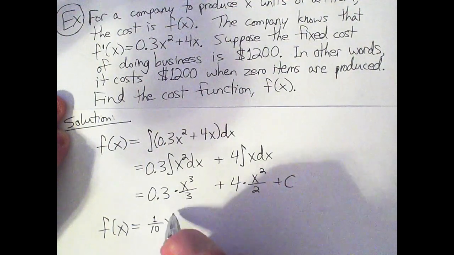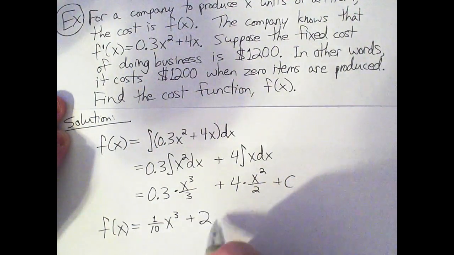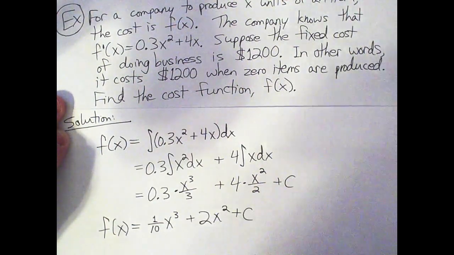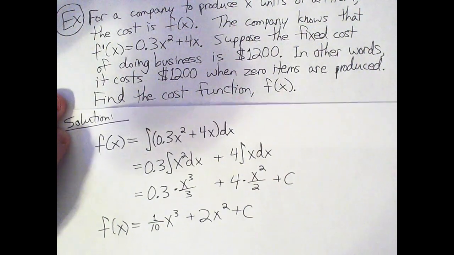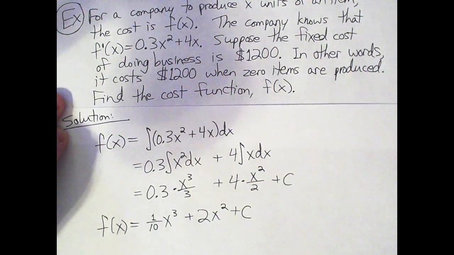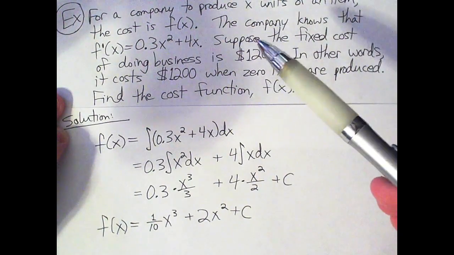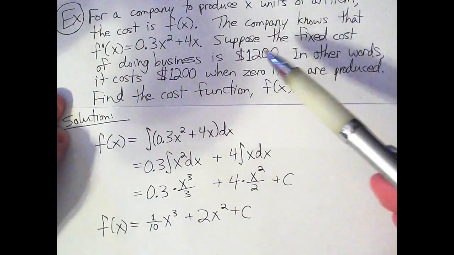So 1/10 x to the third plus 2x squared plus c. We're not finished yet, but we're most of the way finished. So I think I have to move the problem off the screen to make room. But before I move it, let's just address that we haven't used the 1,200 yet.